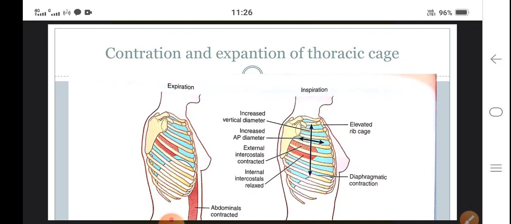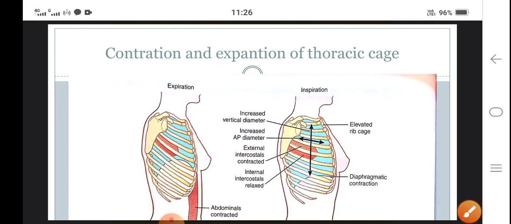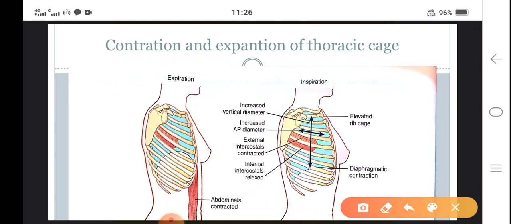During the period of inspiration, external intercostal muscles contract whereas internal intercostal muscles relax. At the same time, at the lower position, there is the location of the diaphragm. The diaphragm is also constructed of radial muscles. During the expiration, it remains in a dome-shaped position. During inspiration, it becomes somewhat flattened, like this.